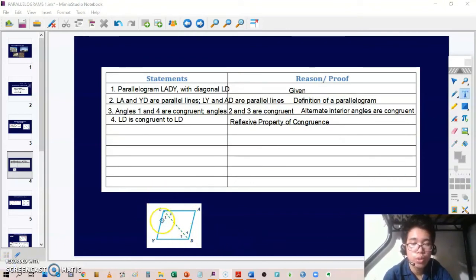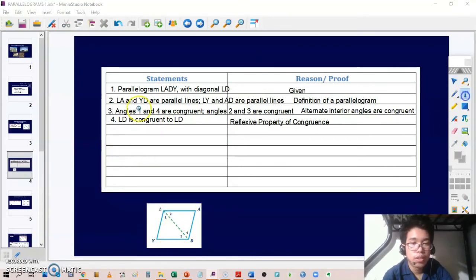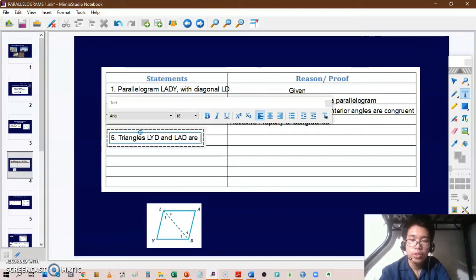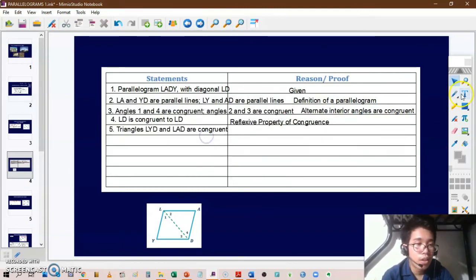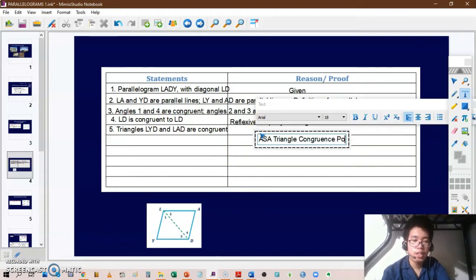And on our fifth statement, we can write that triangles LYD and LAD are congruent. The reason for that is the ASA triangle congruence postulate. So why the ASA?